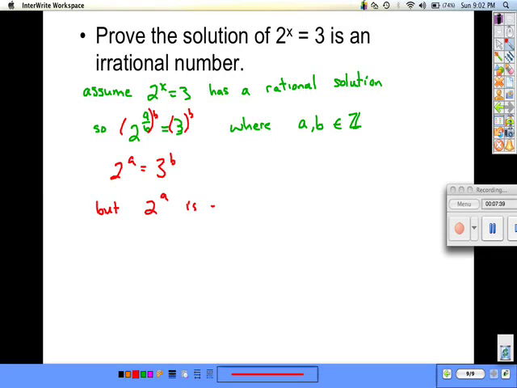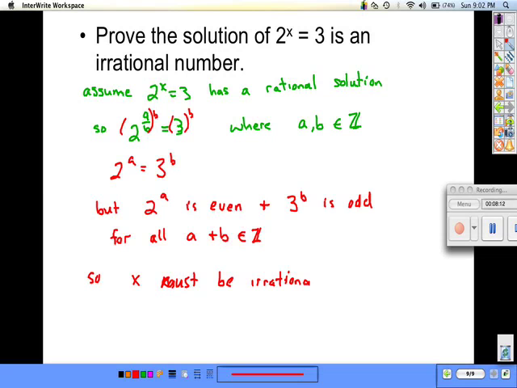But 2 to the a is even, and 3 to the b is odd for all a and b that are integers. So x must be irrational by contradiction.